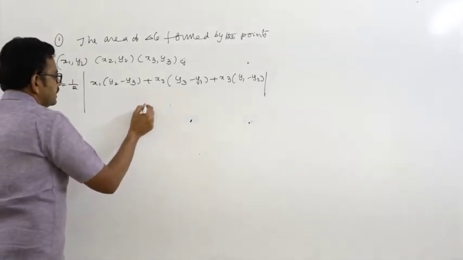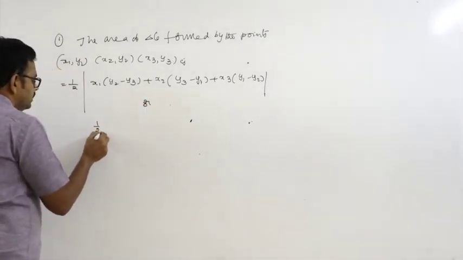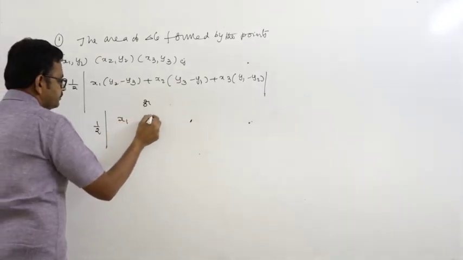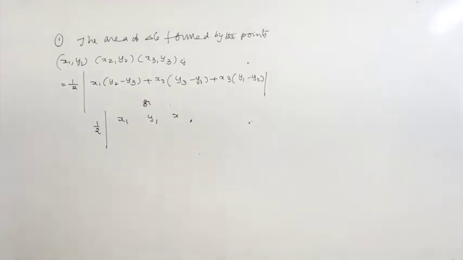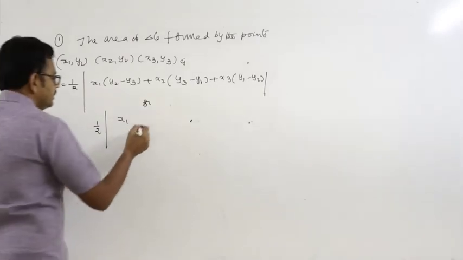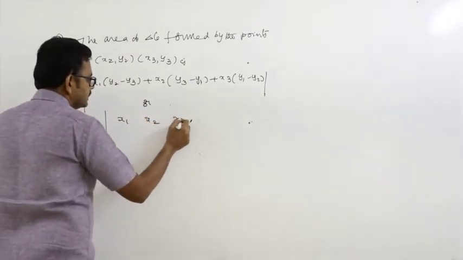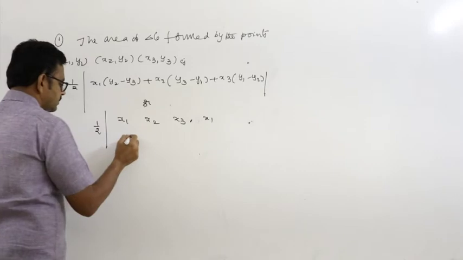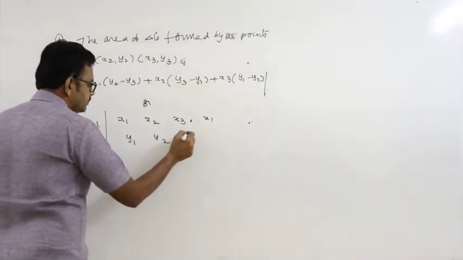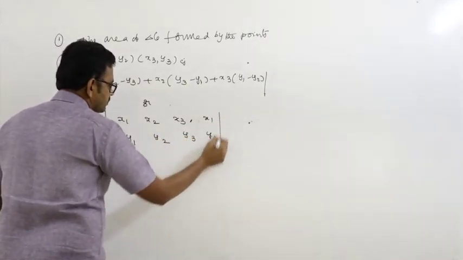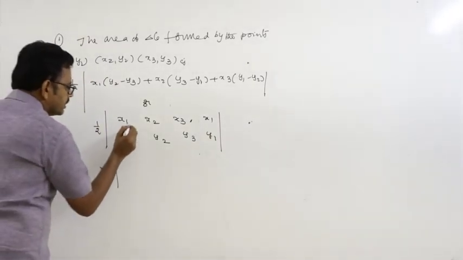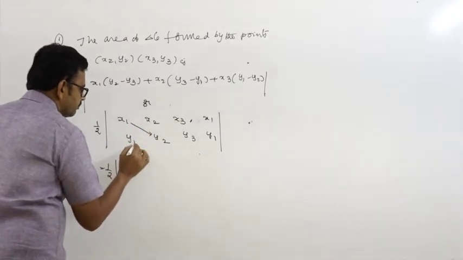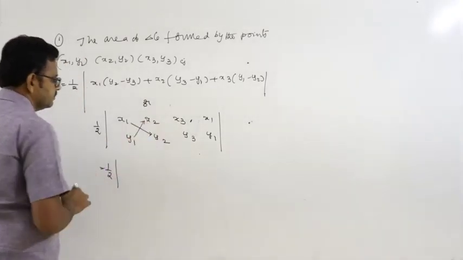Or you write like this, 1 by 2 of, you can put x1, x2, x3, x1 in one row and y1, y2, y3, y1 in the next row. That equals half into product of these two minus product of these two.